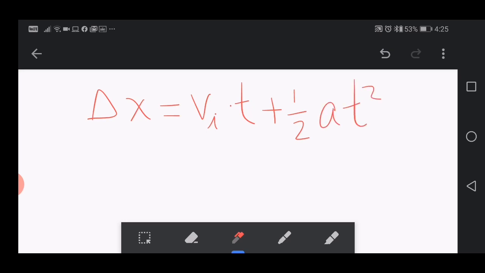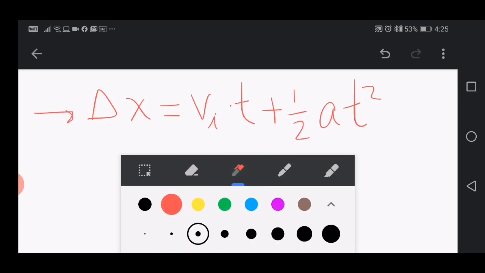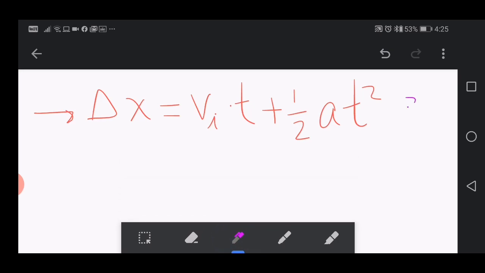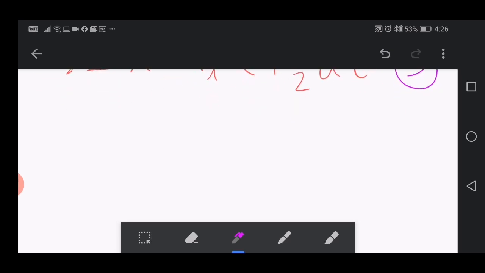And our basic conclusion was that you have this formula and we took care of it as equation number 3 because the other two were the two basic equations, the definition of acceleration and the average velocity.